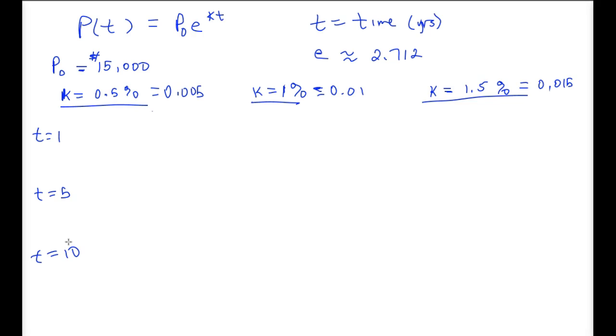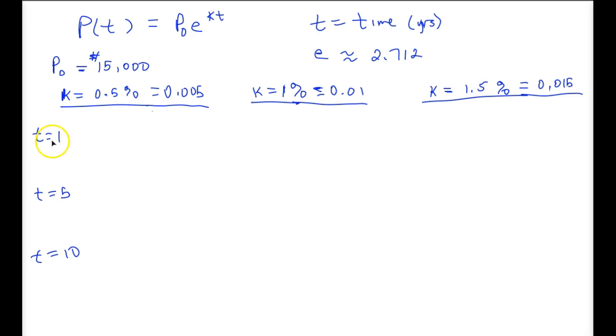I'm going to start off with this first one here, and let me underline all this so we know where we are. What I want to do first is calculate what this would be for the first year.